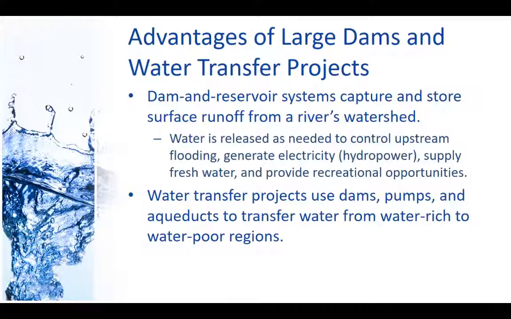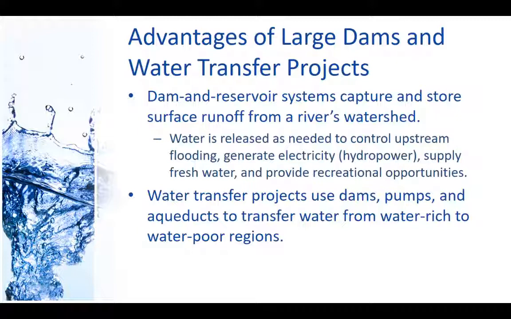We in Oregon are a good example of a place that has used dams to try and capture and best utilize our water. We use it for drinking water, we also use it for electricity, and there are advantages of dams and water transfer projects. These dam and reservoir systems can capture and store surface runoff from a river's watershed.